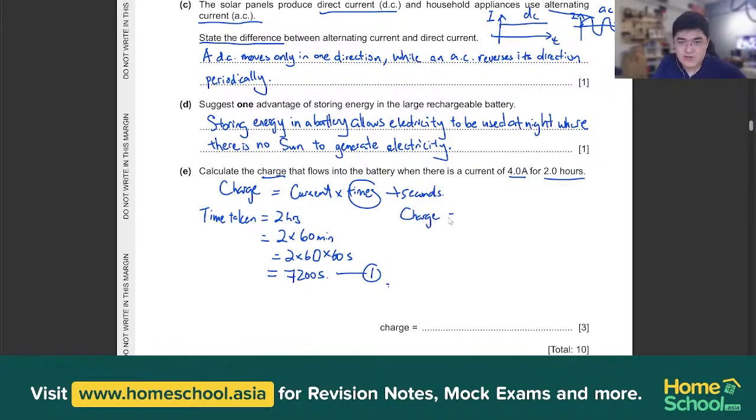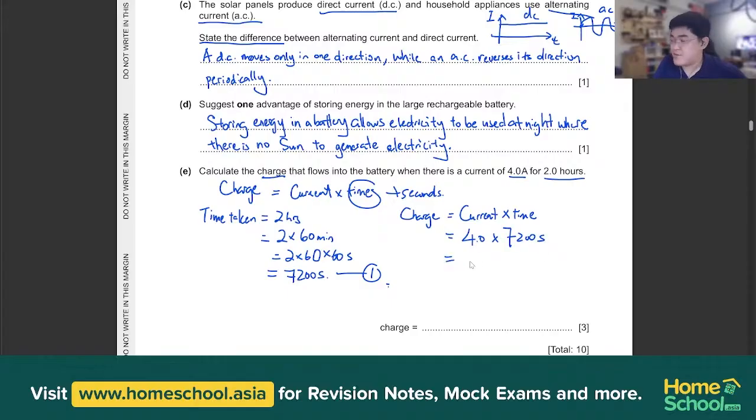Charge is equal to current multiplied by time. That would be equal to current, which is 4 amperes, multiplied by 7,200 seconds.